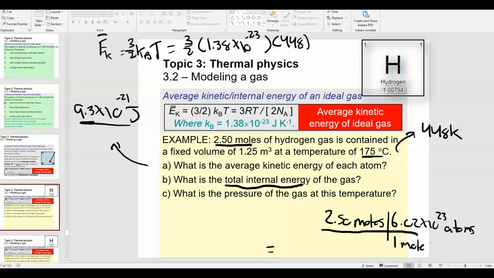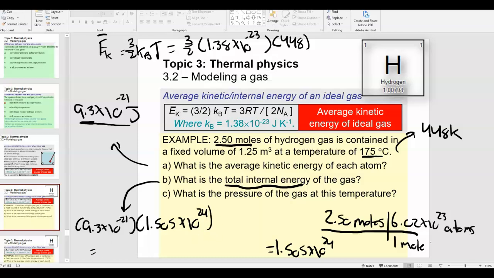I can do that calculation easily enough: 2.5 times 6.02 times 10 to the 23 is 1.505 times 10 to the 24 atoms. And so the internal energy for B would be 9.3 times 10 to the negative 21, which was the average kinetic energy for a single gas particle, times the number of particles I just calculated.